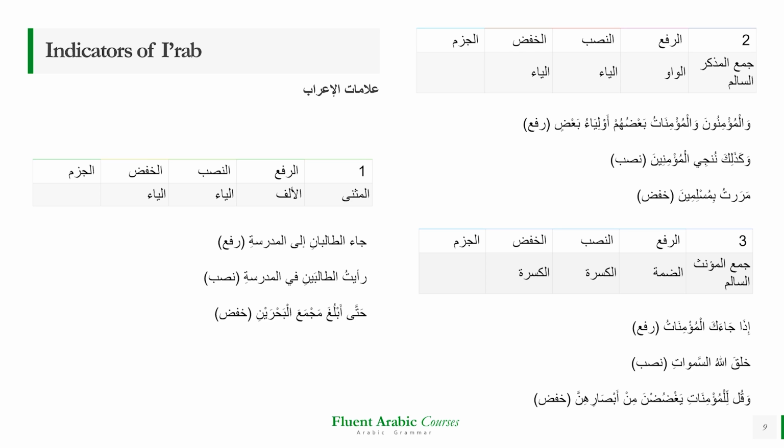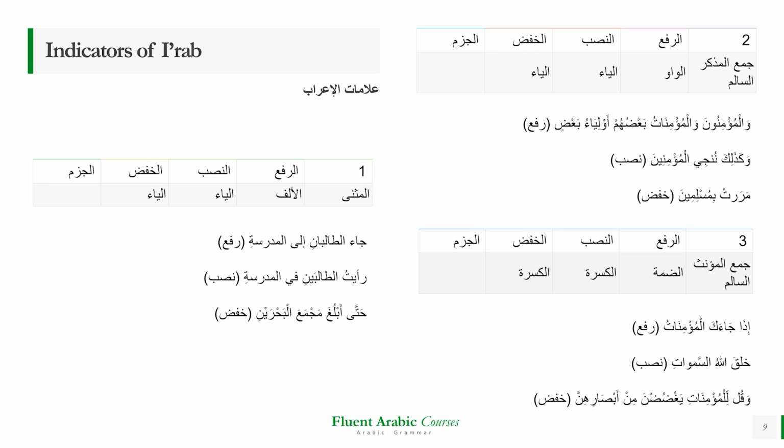These are the default indicators of the i'rab. But there are about 7 cases in which the i'rab is indicated by other than the default indicator. So by simply understanding these exceptional cases, you can master this entire concept.